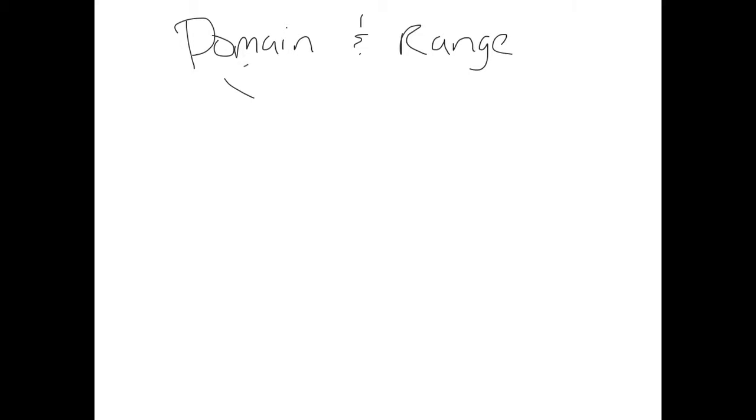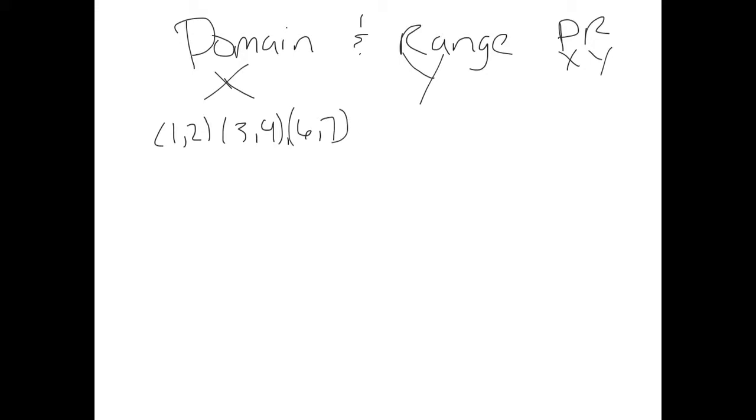Alright, domain and range. So domain is x, range is y, vector xy. We have two types of domain and range. If we're given ordered pairs, like (1, 2), (3, 4), (6, 7), then our domains are all of the first numbers. So our domain would equal 1, comma 3, comma 6. And our ranges are all the second numbers.